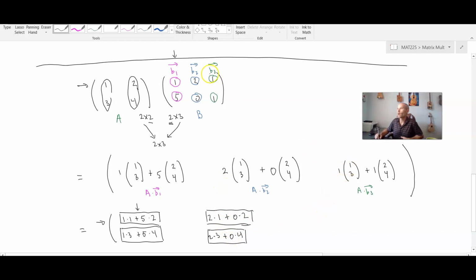And then here we would get 1 times 1 plus 1 times 2, which is exactly the same thing we get when we do the linear combination. And then finally, we have 1 times 3 plus 1 times 4. And we'll go ahead and close that matrix. And there is our 2 by 3 matrix that we're going to get. And we could condense these values down, but I'll go ahead and leave it like this.